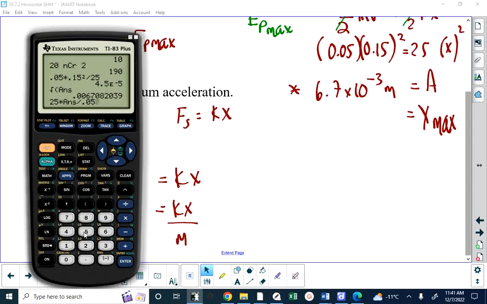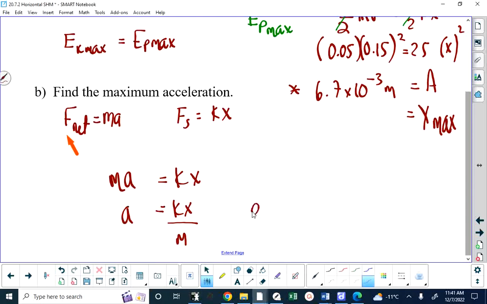It was 50 grams, wasn't it? Okay. Divided by 1,000 is 0.05, gives me 3.4 meters per second squared. Any questions with number one, example one?